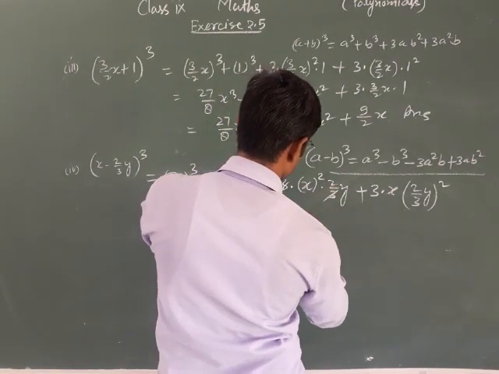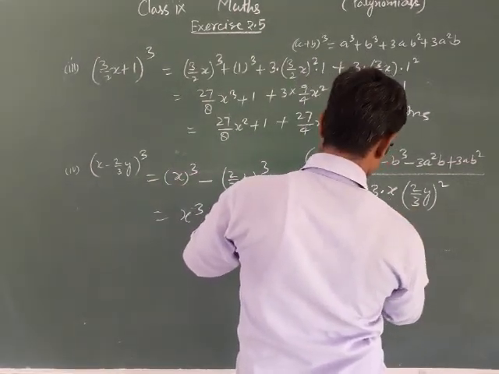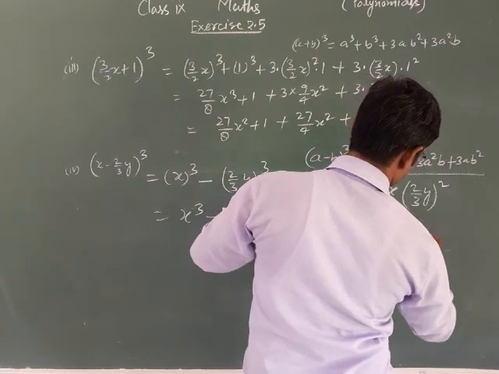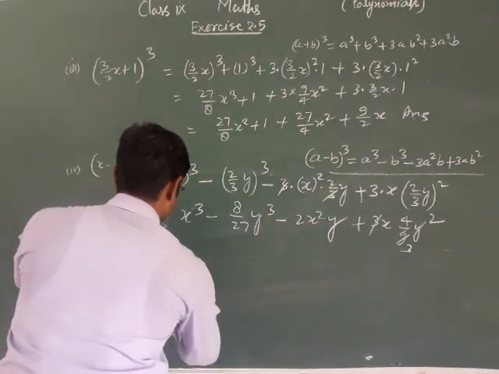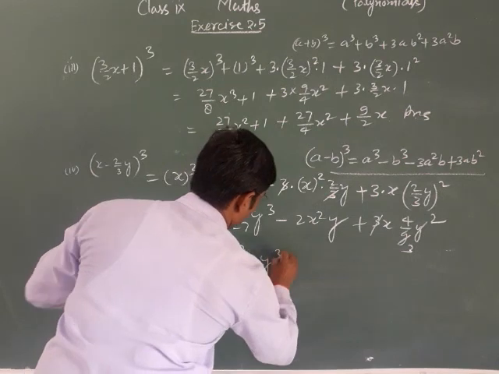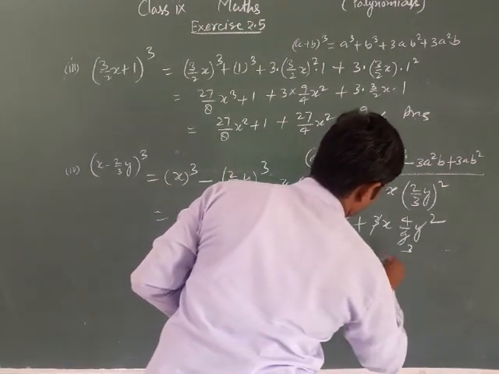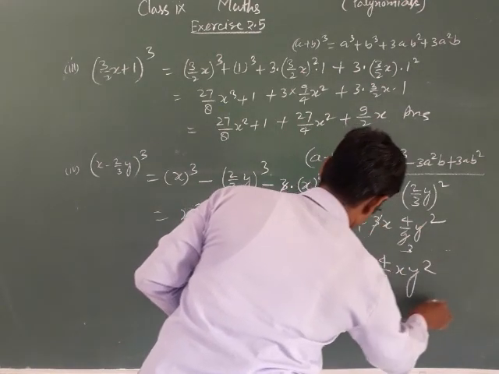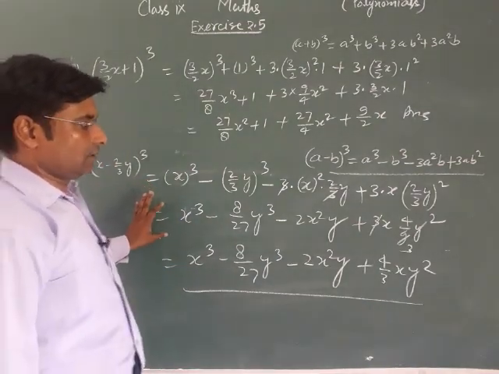So 2 x square y and also plus 3x into 4 upon 9 y square. So 3 9s are 27, 3 cancel. So x cube minus 8 upon 27 y cube minus 2 x square y plus 4 upon 3 x y square. This is the answer of the given question.